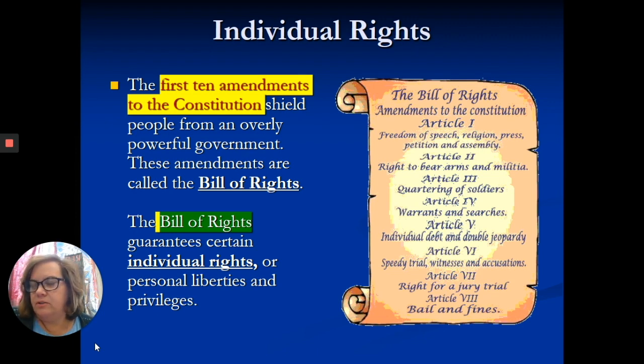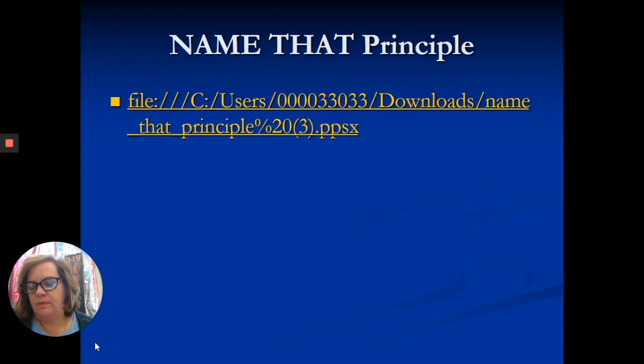Our individual rights are guaranteed to us by birth, but in the Constitution, they established our individual rights as an assurance in the first 10 amendments to the Constitution. So the Bill of Rights becomes the example of our individual rights.